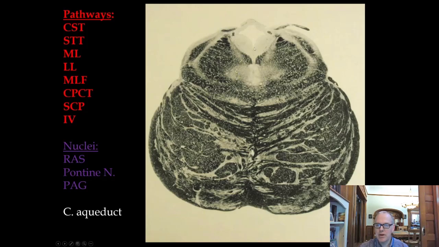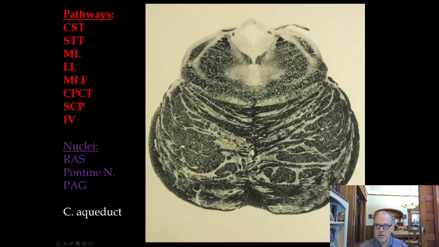All right, and now we're above the fourth ventricle, and so what we're looking at here is the cerebral aqueduct. Notice, lots and lots of neurons around it, and this is called the periaqueductal gray. The periaqueductal gray is just loaded with opioid receptors.